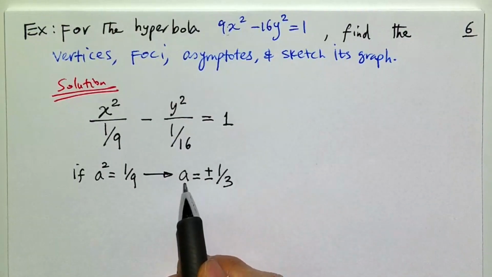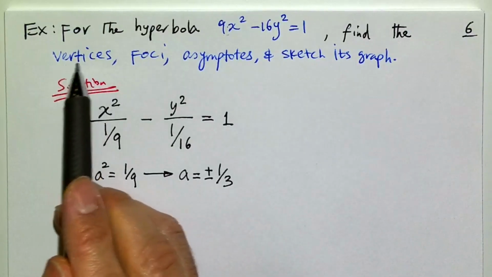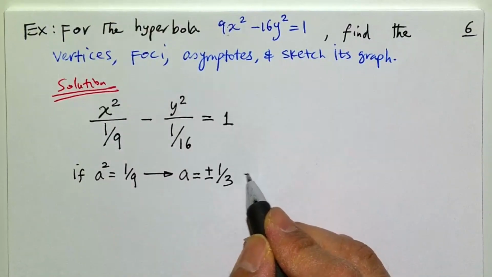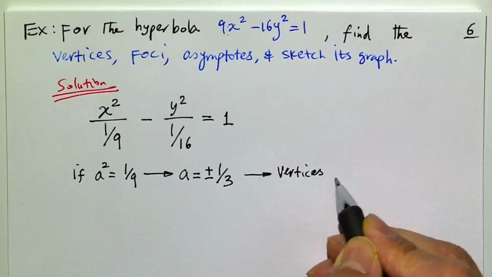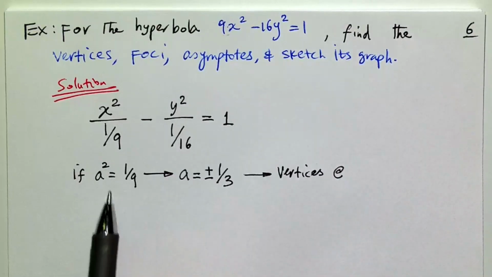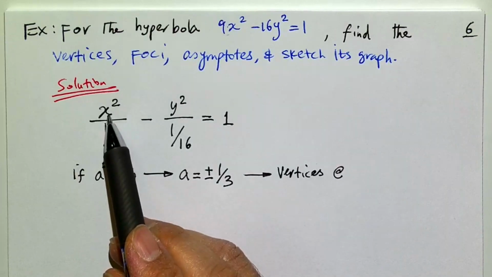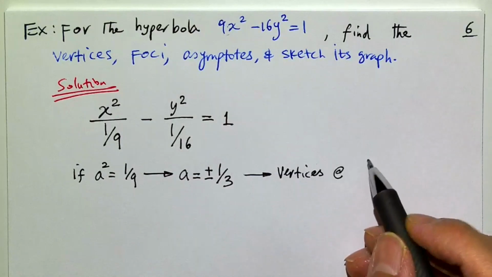So knowing a, then we know where the vertices are located, right? Which is one of the items we need to find. So from this, we can know that the vertices are at, and this is the larger number, under x squared. So we have a horizontal hyperbola.